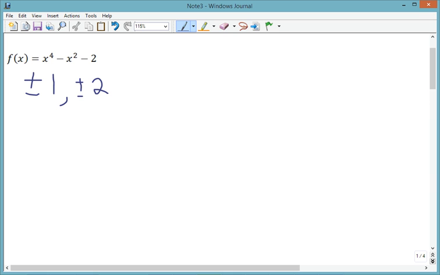However you want to think about it, we could do a substitution. We could let w equal x squared. Well, x to the 4th would be w squared minus w minus 2, which will factor.